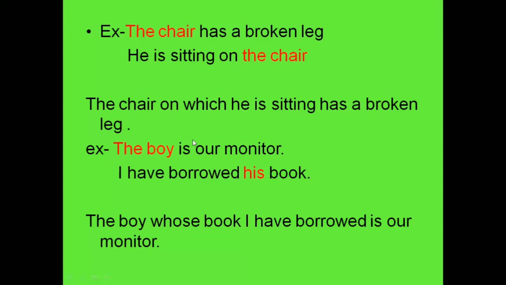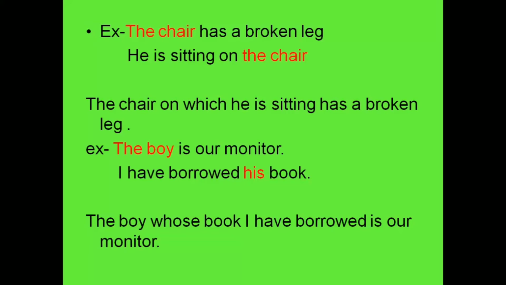This is the relative clause. The chair which he is sitting on has a broken leg. We have to place the relative clause just after its antecedent. And the chair on which he is sitting has a broken leg.